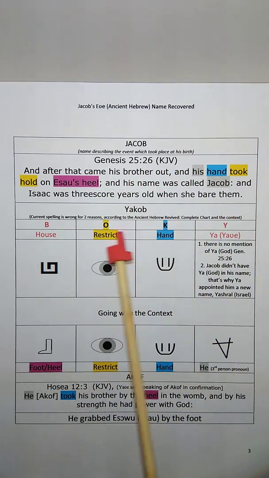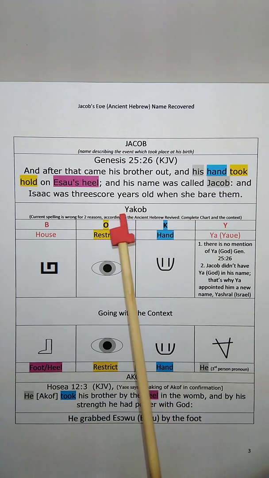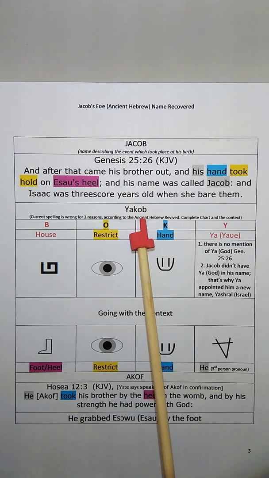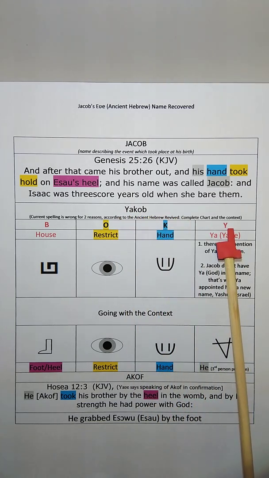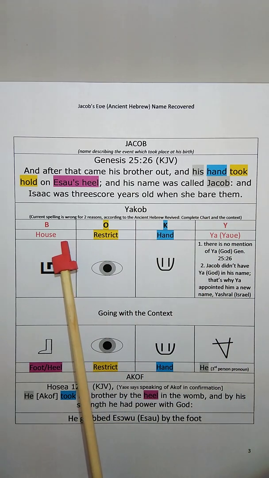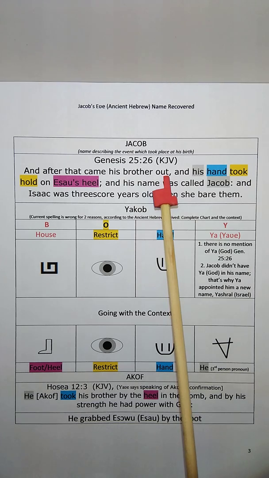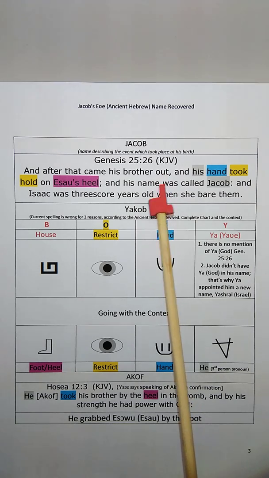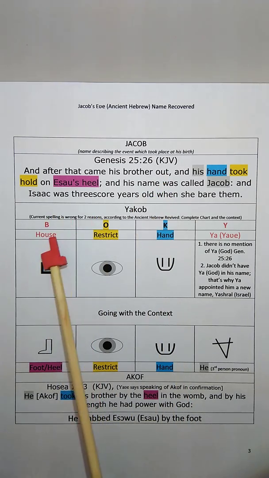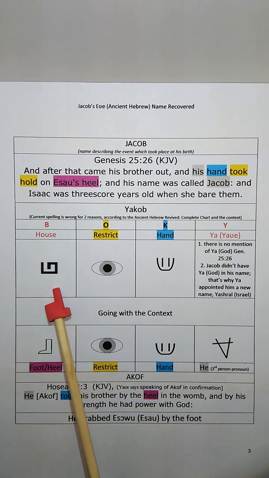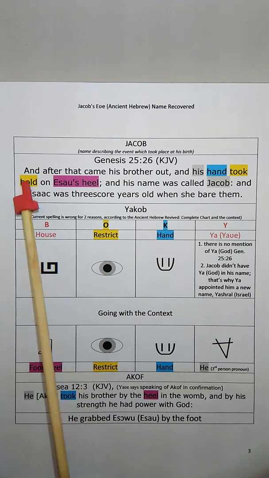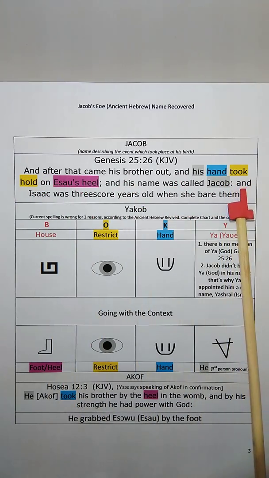So there is something wrong with the spelling we now have, which is Jacob's. That's the first thing. And the second thing we notice that is not in the context of Jacob's birth is the ba. Okay, the ba in the ancient Hebrew is the house, and there is no mention of ba here in Jacob.